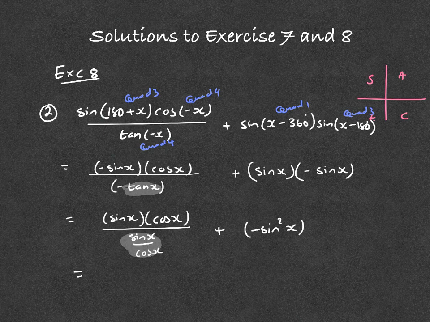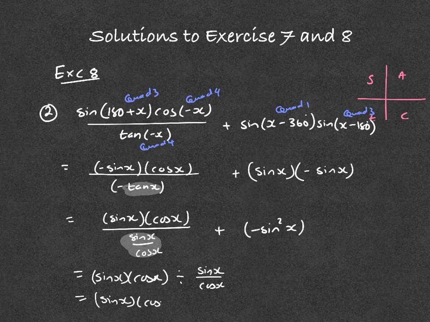So what do we have? If we simplify sine x times cos x divided by sine x over cos x, what is that going to equal? By the way, if you leave your answer in that form, like sine x times cos x divided by sine x over cos x plus minus sine square x, I'll be happy with it.